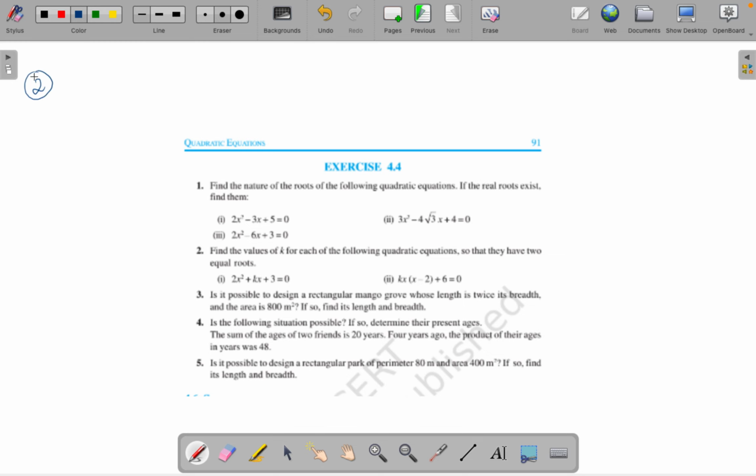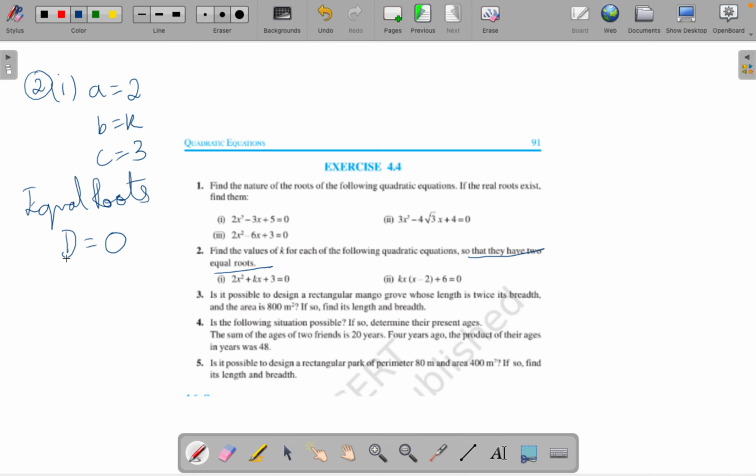Question number 2, first part. Again, it is a standard quadratic equation. A is 2, B is k and C is 3. Again, it is given that the equation has equal roots. So equal roots means, children, you already know the drill. D is equal to 0.